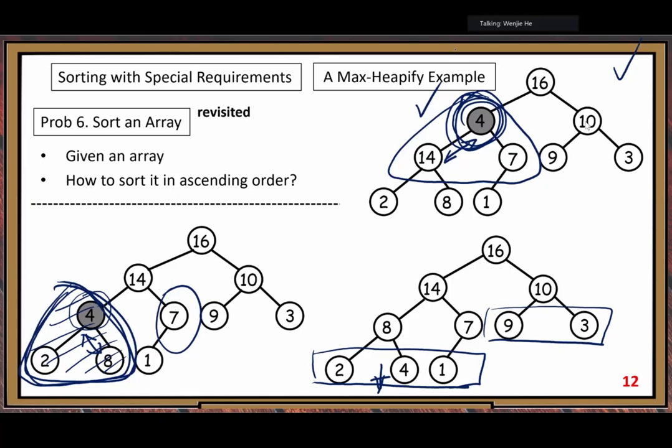Here I use the gray color to show the violation place. All right. So then we apply a special operation we call the local heapify operation. Local heapify. In a previous slide, I gave you the pseudocode, how to work on a local triangle. Here, local triangle. So we have a detection part.